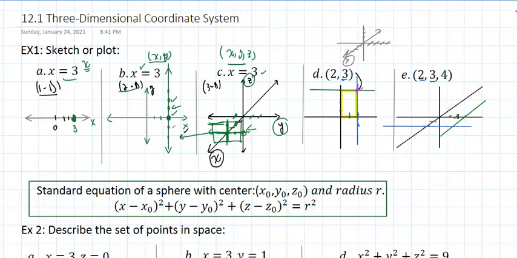That right there is literally mimicking this right here. But there is an added point. Z equal 4. 1, 2, 3, 4. Now if you go to this point right here and you go up 1, 2, 3, 4.